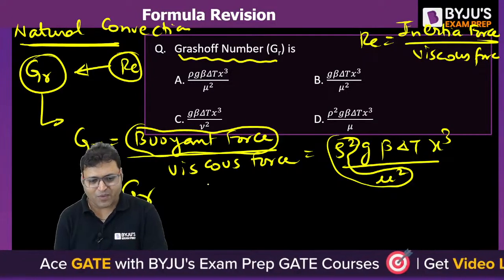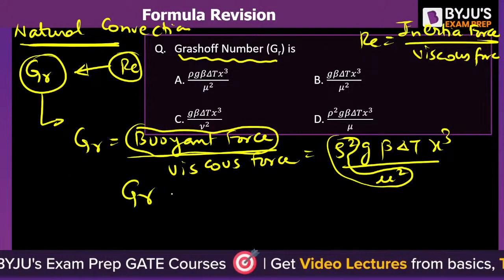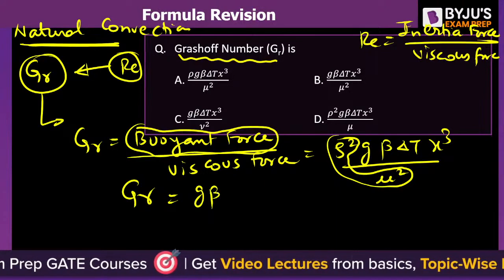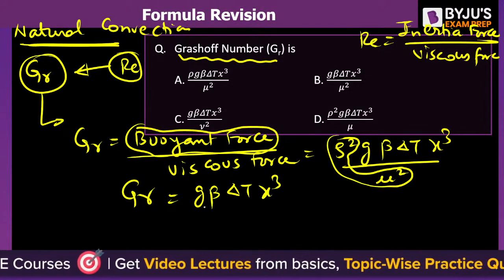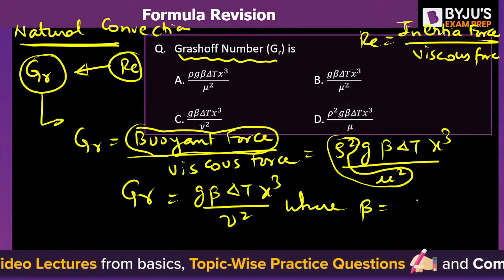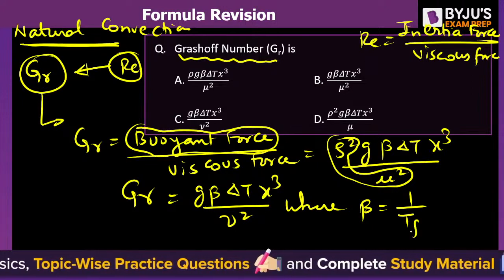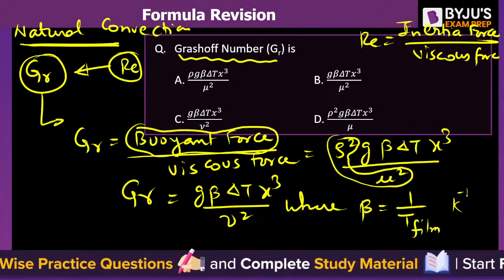So the Grashof number can also be written as g beta delta t x cube by nu square, where beta is called the coefficient of thermal expansion, that is 1 upon film temperature. The unit is Kelvin inverse.